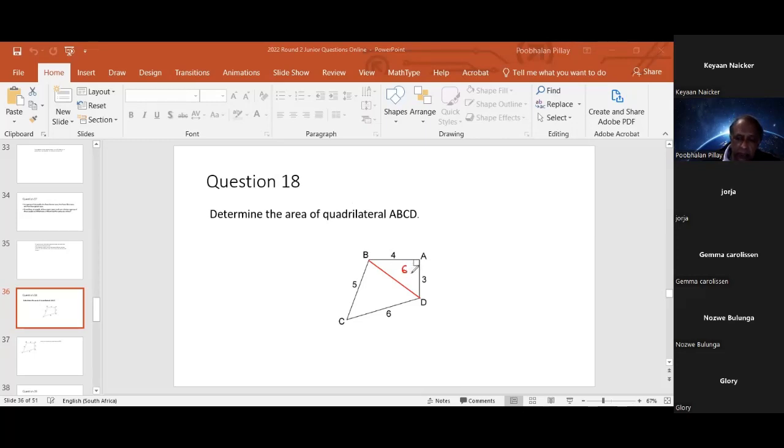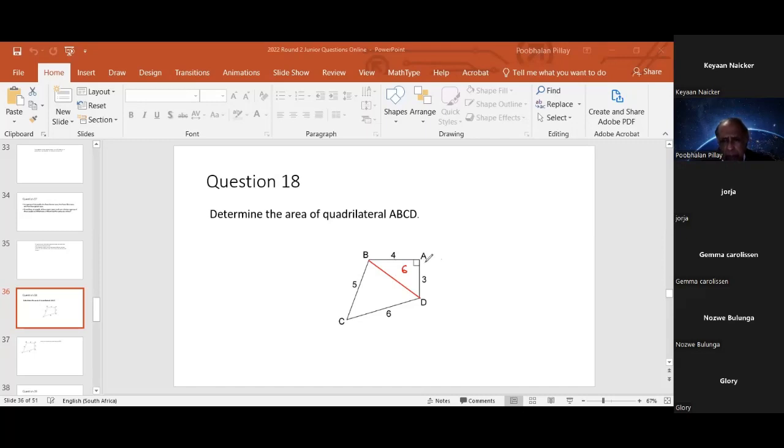So the area of this is half base times height, which is 6. Now you can find the area of the entire quadrilateral, but you need to know the area of the other triangle, and you don't know the height. You've got two bases, but you don't know the height, so you don't have a formula for this.